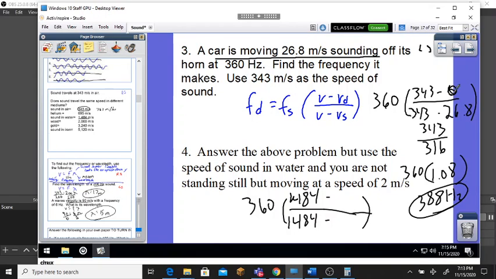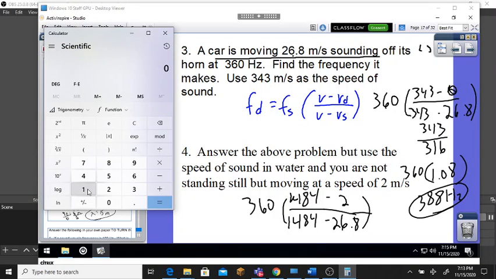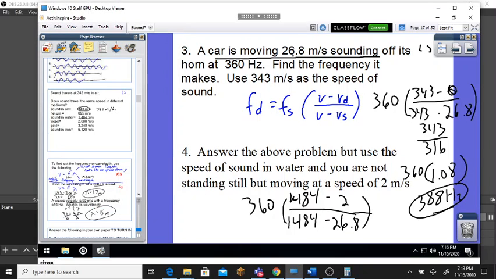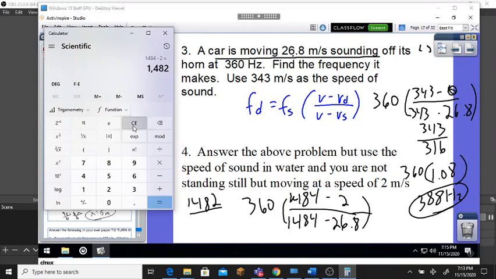So everything's the same. Instead of this 0 here, it says you're moving at 2 meters per second, so 2. And this one is still 26.8. So 1484 minus 2 is 1482. Well, that was easy, I didn't need a calculator for that.